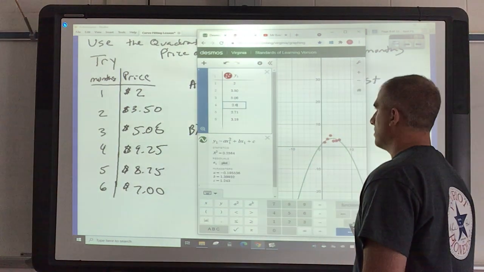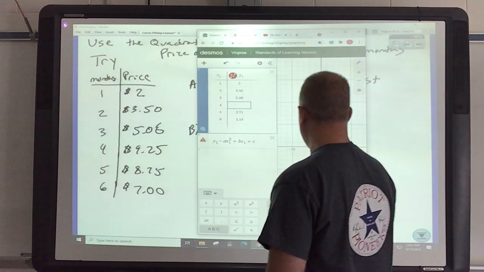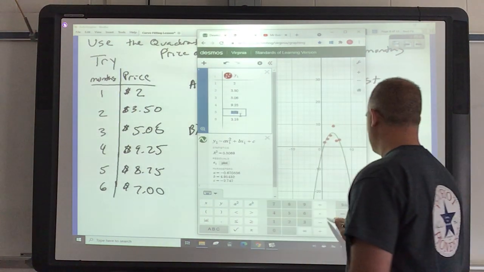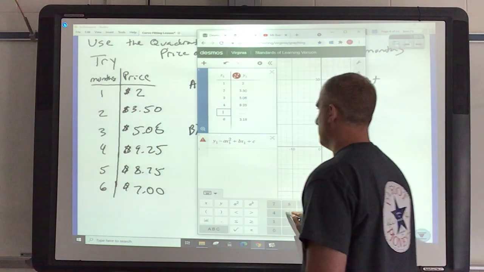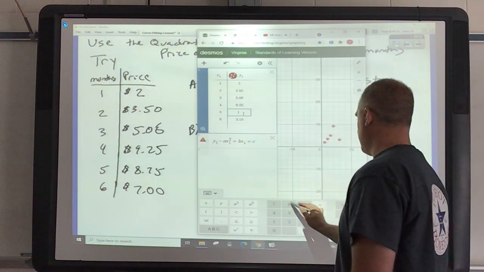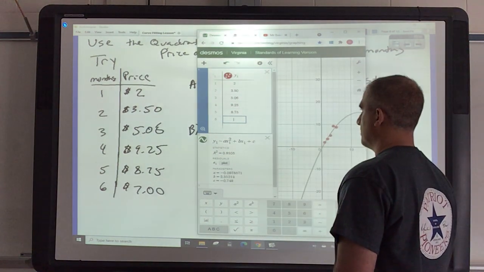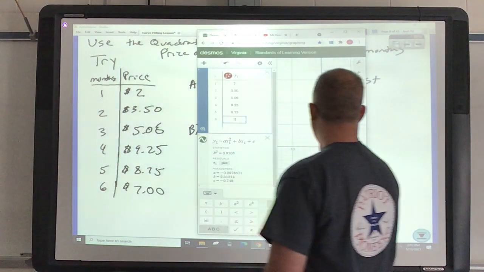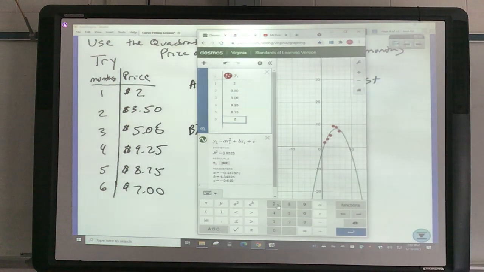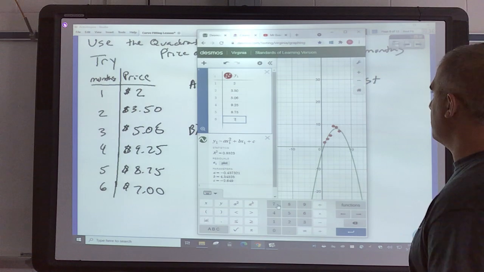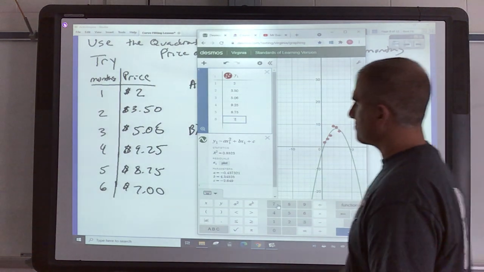This is 925. This is 5 and 875. This is 6 and 7. And it sort of makes the equation for you a little bit.